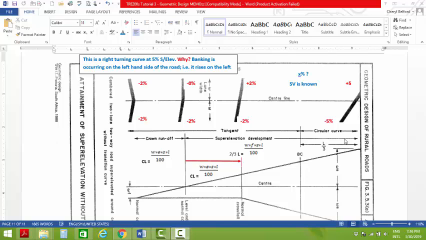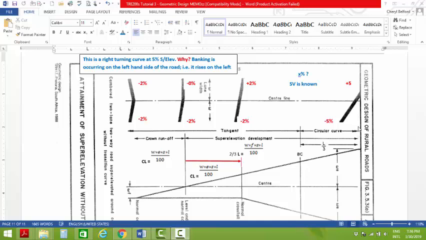So once we have the 1/3 distance, we can calculate the stake values at the BC, or calculate from the BC. So from the BC to the end of this 1/3 of L, we've got a defining stake value here. This stake value is then the 5% full SuperElevation achieved.